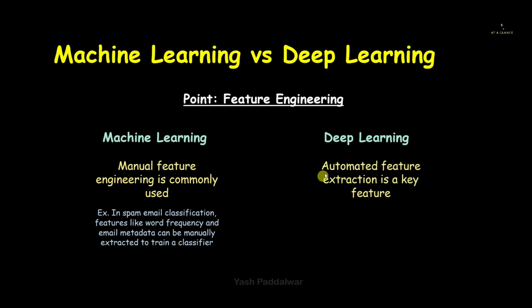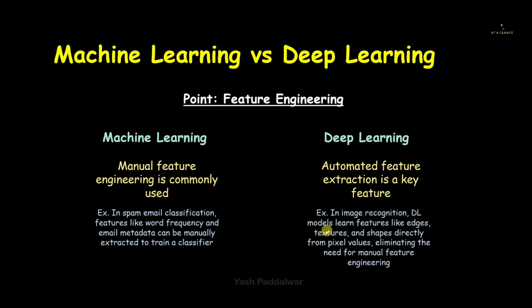Now, deep learning performs automated feature extraction, which makes it amazing. It uses the concept of layers. The hidden layers in deep neural networks are responsible for extracting the features. The initial hidden layers are responsible for extracting simple features like edges, curves, etc., and the subsequent hidden layers are responsible for extracting complex features. In image recognition also, deep learning models will extract simple features like edges and textures, and complex features like shapes, directly from the pixel values.